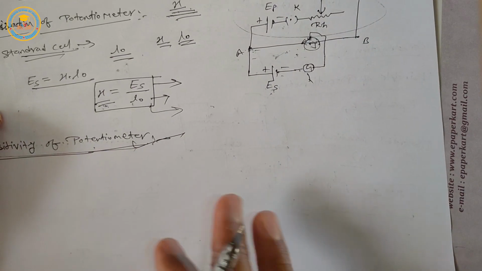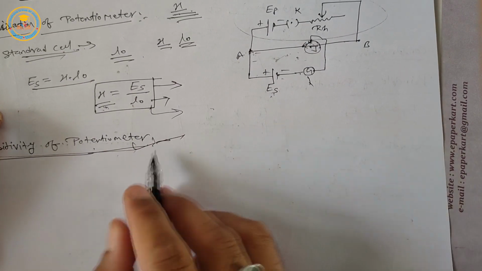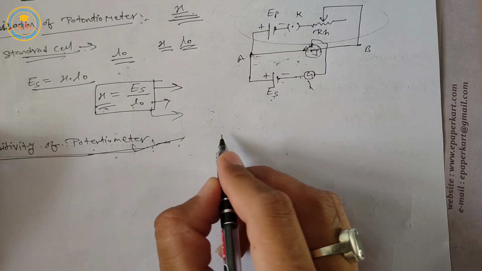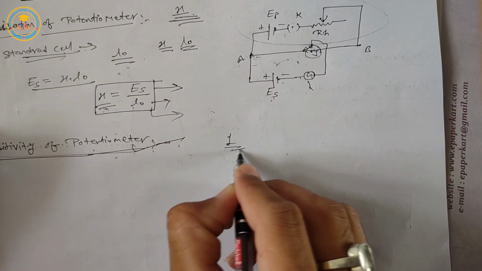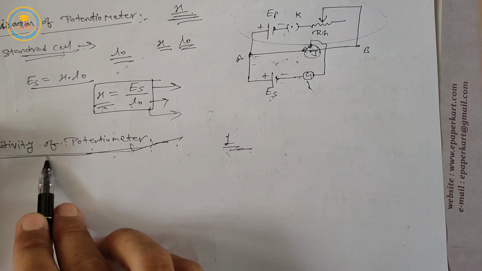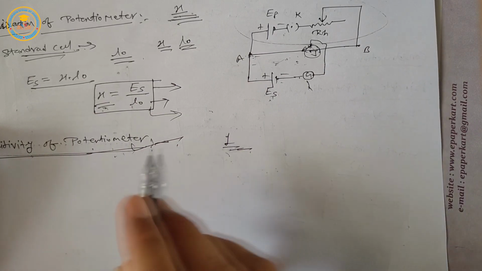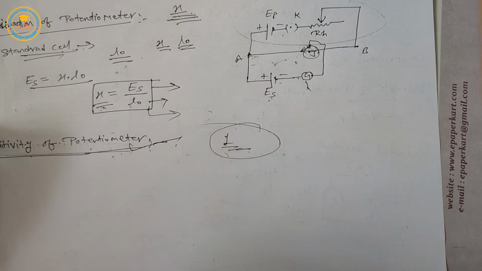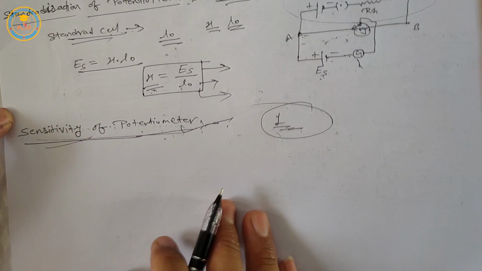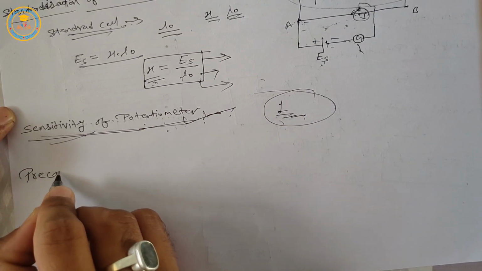The potential gradient can be decreased by increasing the length of the wire. So if we want to increase the sensitivity of the potentiometer, we will increase the length of the wire of the potentiometer. This is the sensitivity.